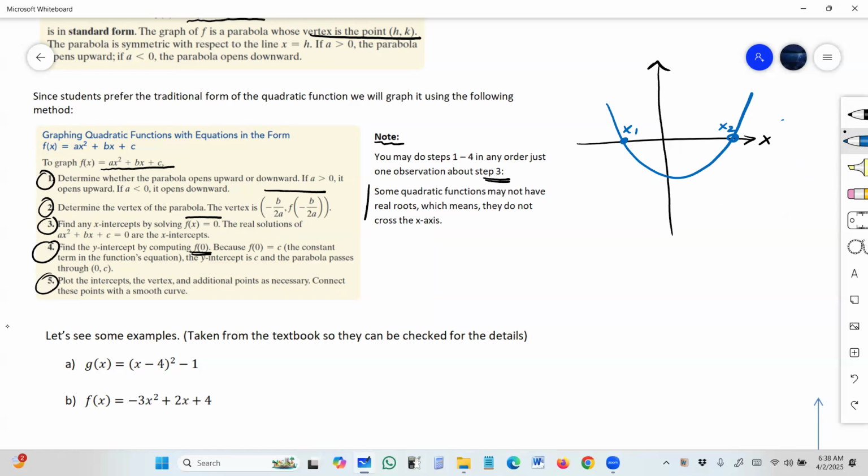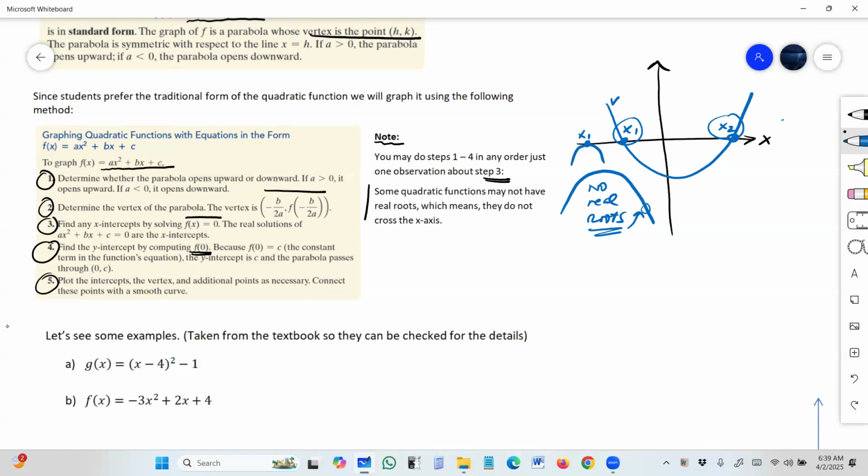Okay, but what happens if you have a parabola that doesn't cross the x-axis, like this one over here? In the first case, there were two roots. For this one, there are no real roots. Okay, and that's possible. That can happen. You can also have a parabola that has only one root. For example, a parabola that just touches the x-axis has just one root.